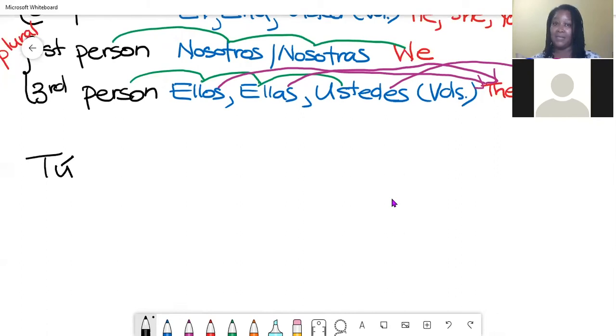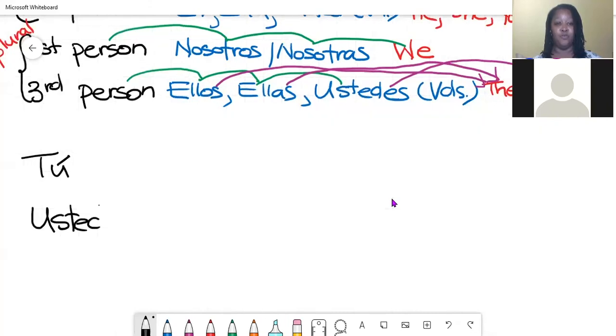Tu without the accent means your, but tú with the accent is your subject pronoun, which means you. And we have usted. And they both mean you. But we know when it comes down to Spanish that even if you have two words that mean the same thing, there's going to be a distinction between the two.